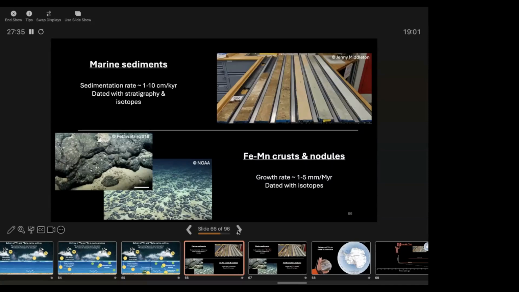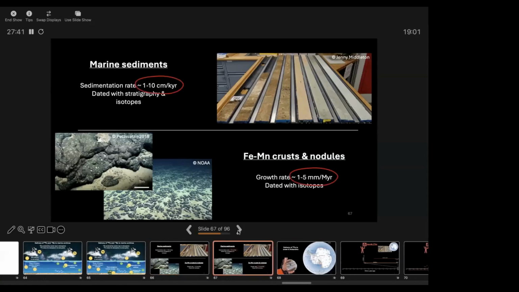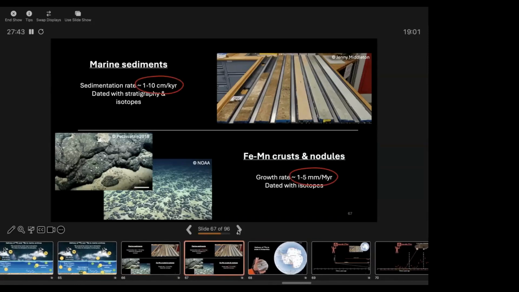Okay. And an important thing about these two different types of geological archive is the sedimentation rate. This is important because it will give you the time resolution of your geological archive. For sediments, you have essentially 10 centimeters of growth every 1,000 years.